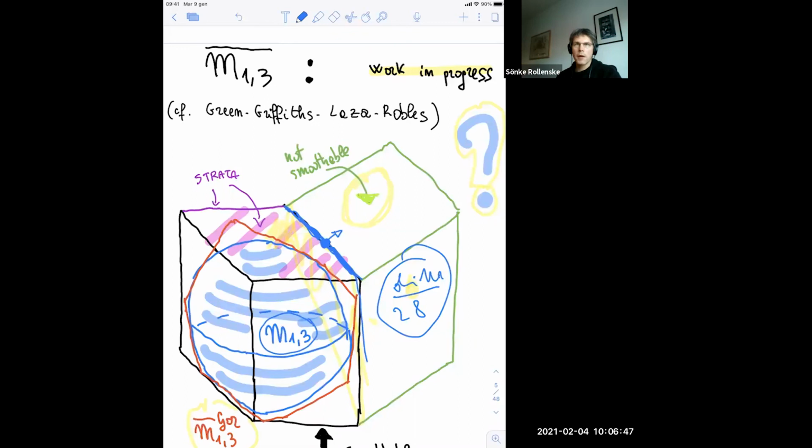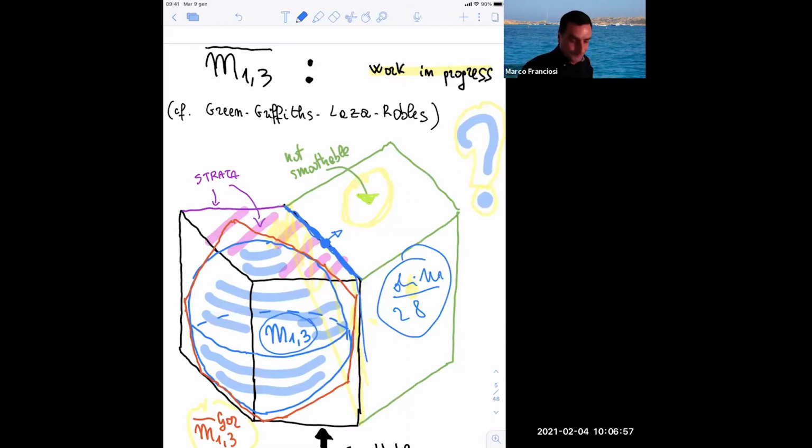I expect the intersection to be just the cuspidal ones, because that should be 27-dimensional. I think the intersection is just a face of the cube, but we haven't proved it. So you think that intersection divisor is irreducible also? Yeah.